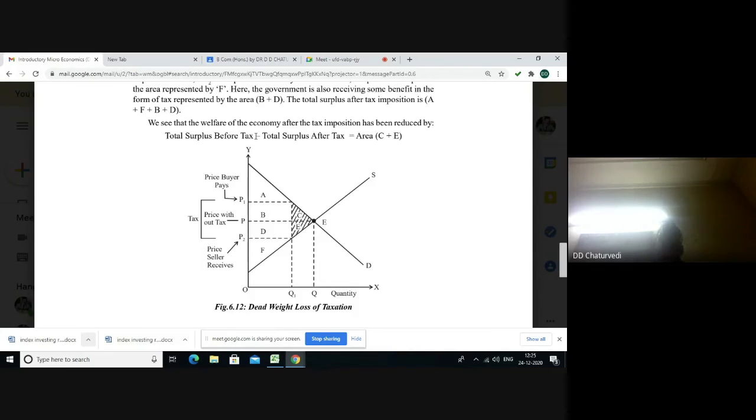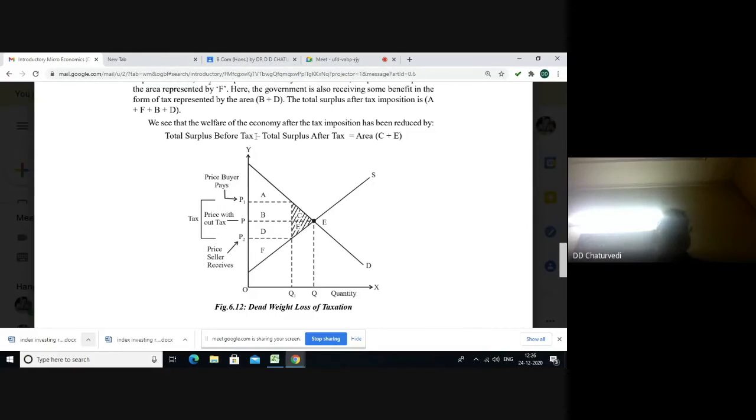It is just a waste. Now, out of A plus B area going to the consumers, the area B is transferred to the government as tax. Similarly, out of the sum of the areas D plus F going to the producers, area D is transferred to the government as tax.